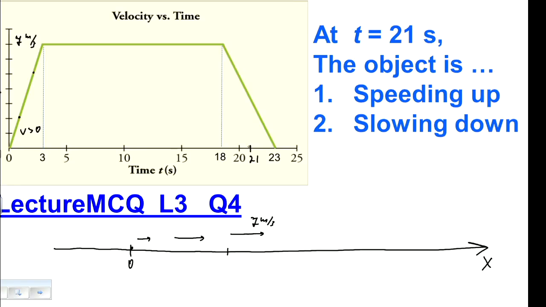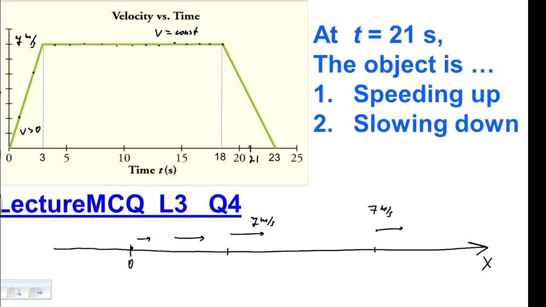It keeps traveling? No. Velocity remains 7. It's not 0. Rest means velocity 0. But it remains being 7 for a long time. So velocity becomes constant, and remains constant from 3 to 18 for 15 more seconds. So, still 7 meters per second, still traveling.